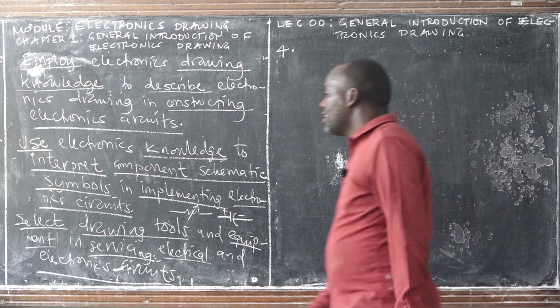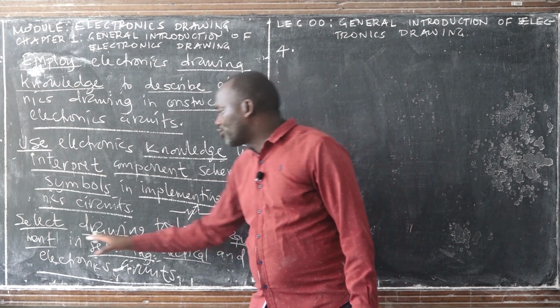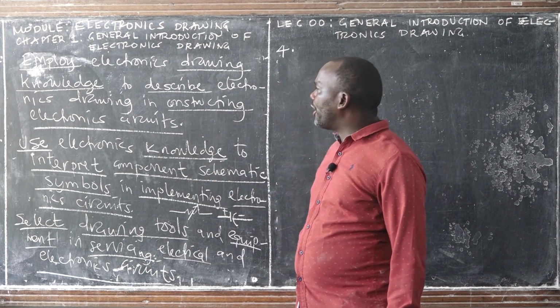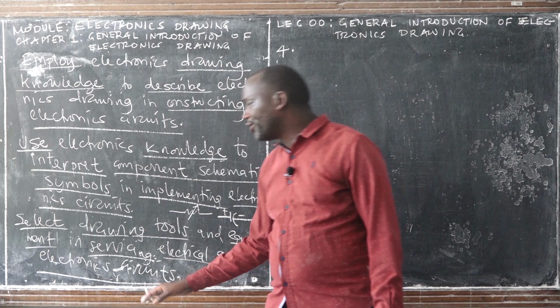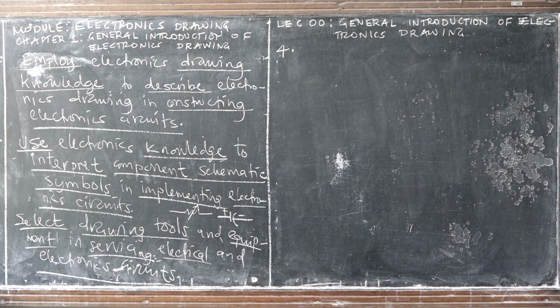Let us continue. When you say drawing tools and drawing equipments, remember the subject is electronics drawing. So you have to know electronics drawing tools and equipments, and be able to select the variety of drawing tools in order to draw these particular diagrams. What are the appropriate drawing equipments that I have to use in order to draw these electronics circuits?